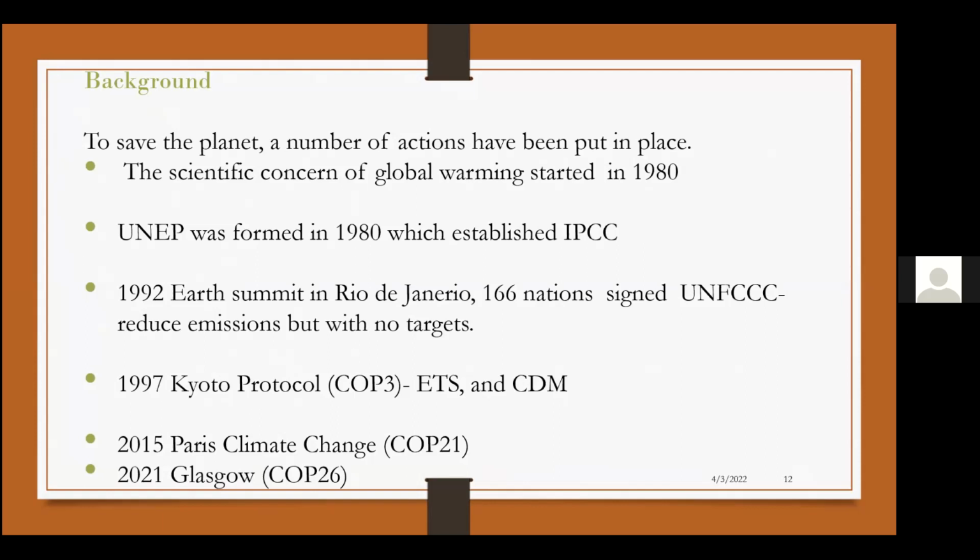In 1992, at the Earth Summit in Rio de Janeiro, Brazil, 166 nations signed the United Nations Framework Convention on Climate Change to reduce these emissions. That later culminated in the famous 1997 Kyoto Protocol, with targets to create emission trading schemes and ensure a clean development mechanism even in households.